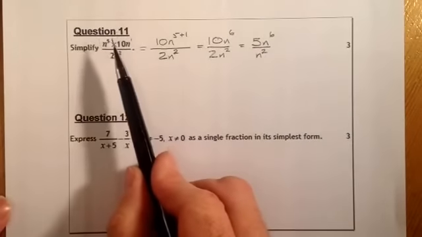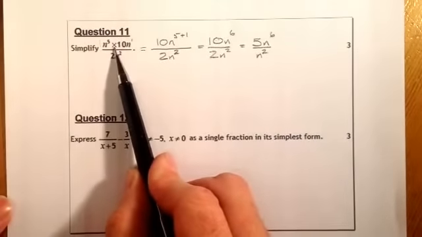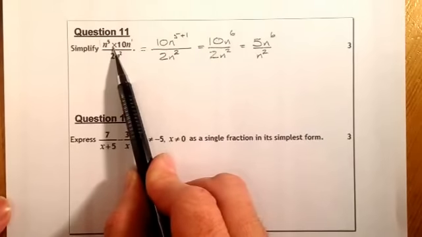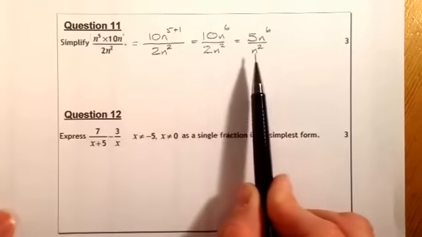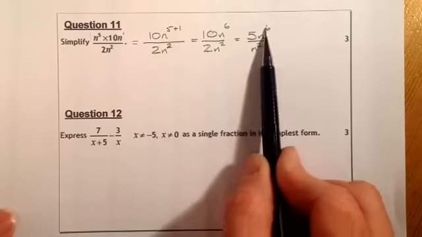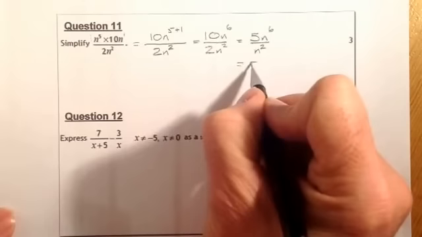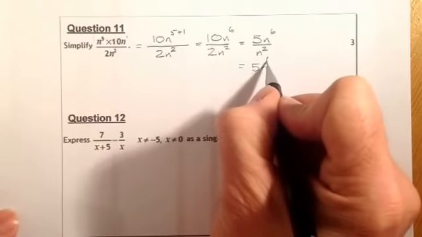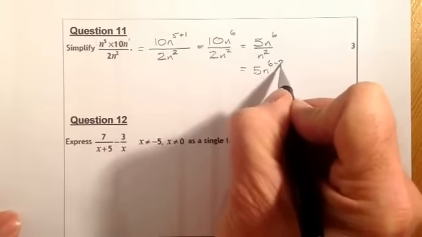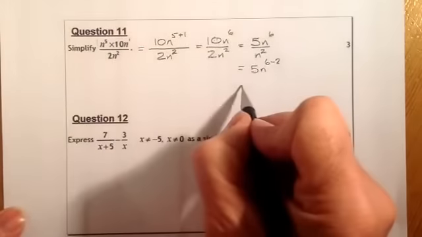Right, so remember when we were going back here, if I was multiplying things with indices, I'd add. If I'm going to divide things with indices, I'm going to subtract. So from here, what I've got is 5n to the power of 6 minus 2. And all I'm going to do is just work that out.